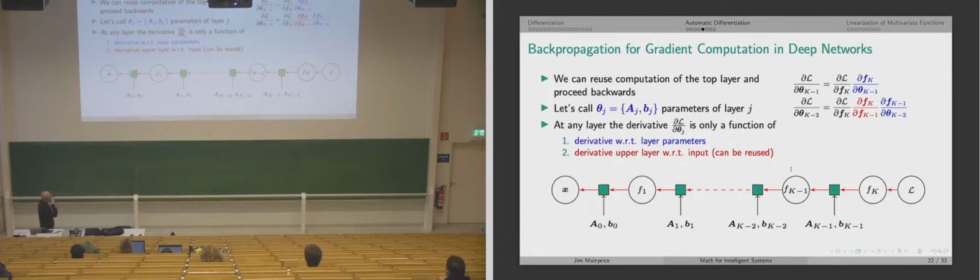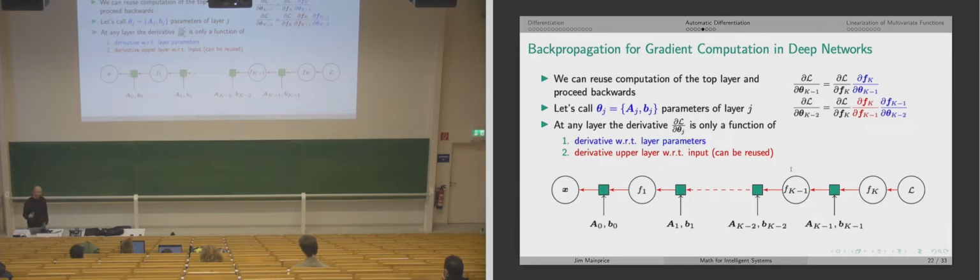What we see is that it's still the derivative of the loss with respect to the input of the loss, which is just fk, times the derivative of fk with respect to fk minus 1.